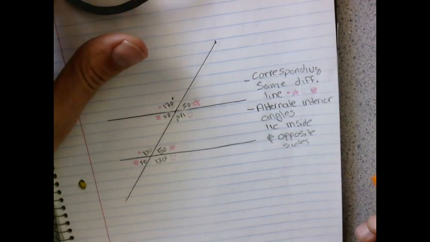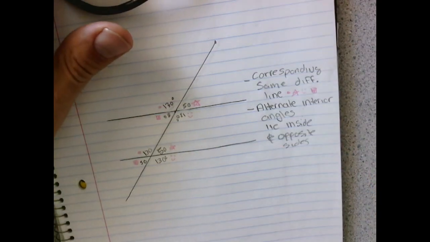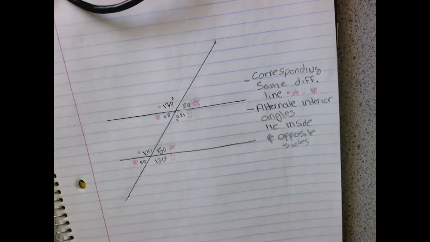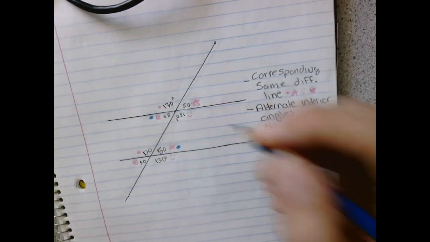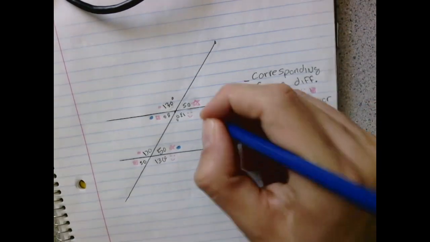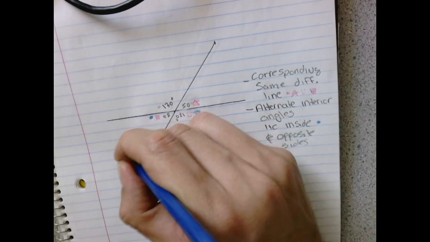So we have alternate interior. We'll indicate that with the color blue. These are alternate interior angles here, as are these angles here.